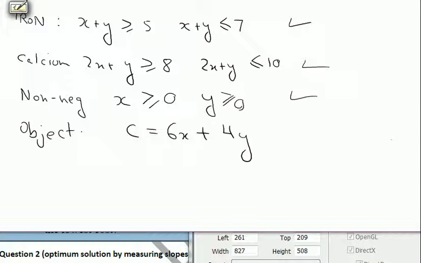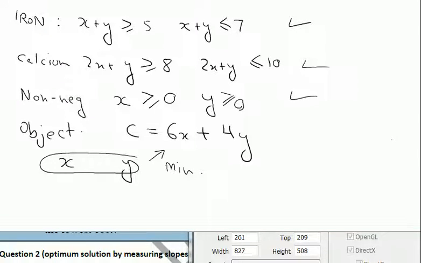According to the question's requirement, we are required to find the number of x mg's and y mg's that we should consume to make the medicines which will minimize this function. For this, we will need to draw a graph which will reflect all the 6 constraints, and from that graph we will find the cost minimization point.